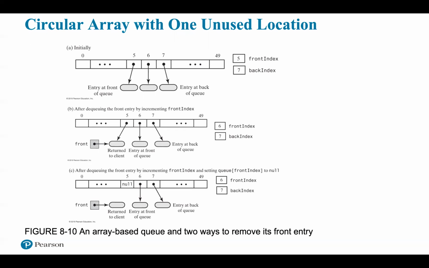However, the object that previously was the front of the queue and is returned to the client would still be referenced by the array. This fact is of no real concern if our implementation is correct. To be safe, DQ can set Q front index to null before incrementing front index. Figure 8.10C illustrates the queue in this case.